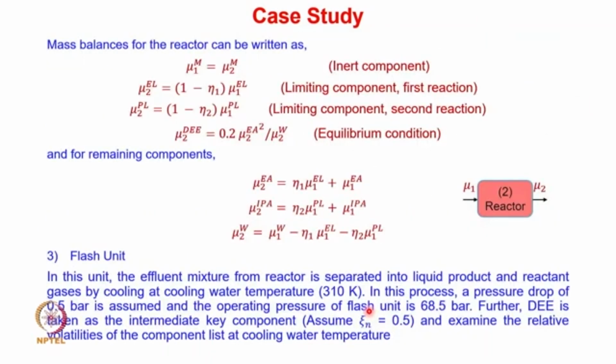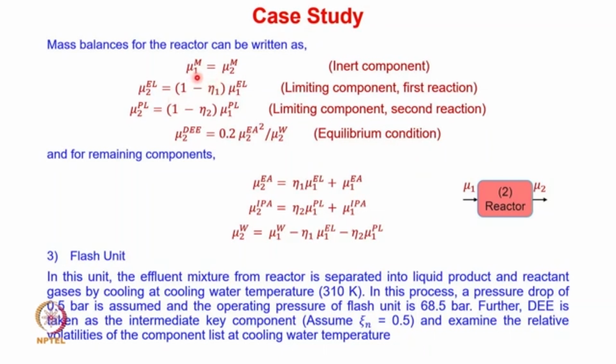In this case you can see that in the reactor only the ethylene is reacting. Remember, the feed is comprised of what? Feed is comprised of methane, ethylene and propylene. Ethylene is around 96%, propylene is around 3%, and methane is 1%.